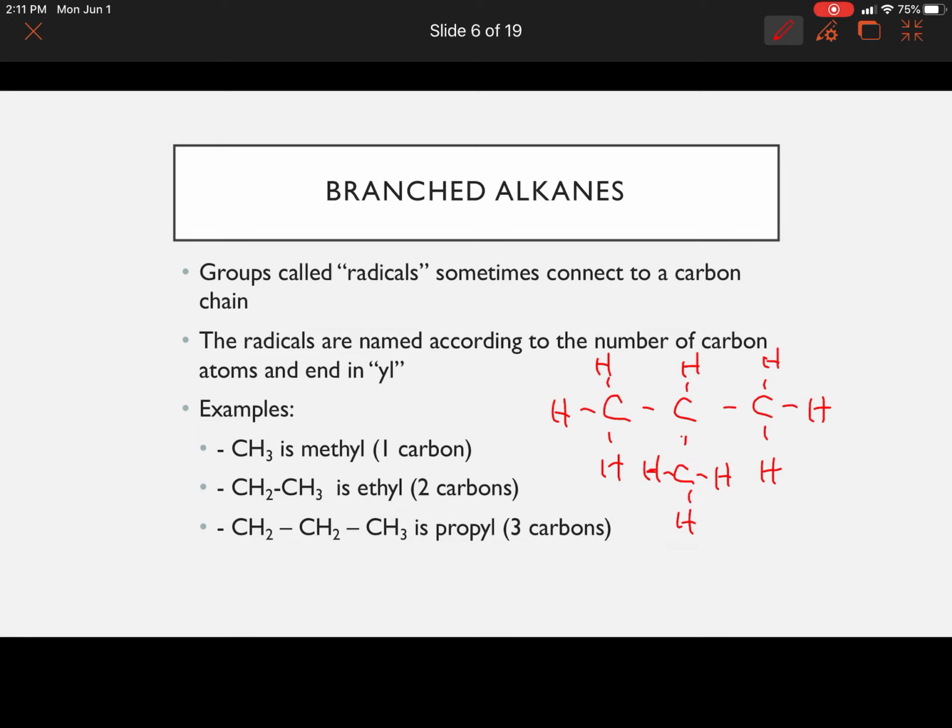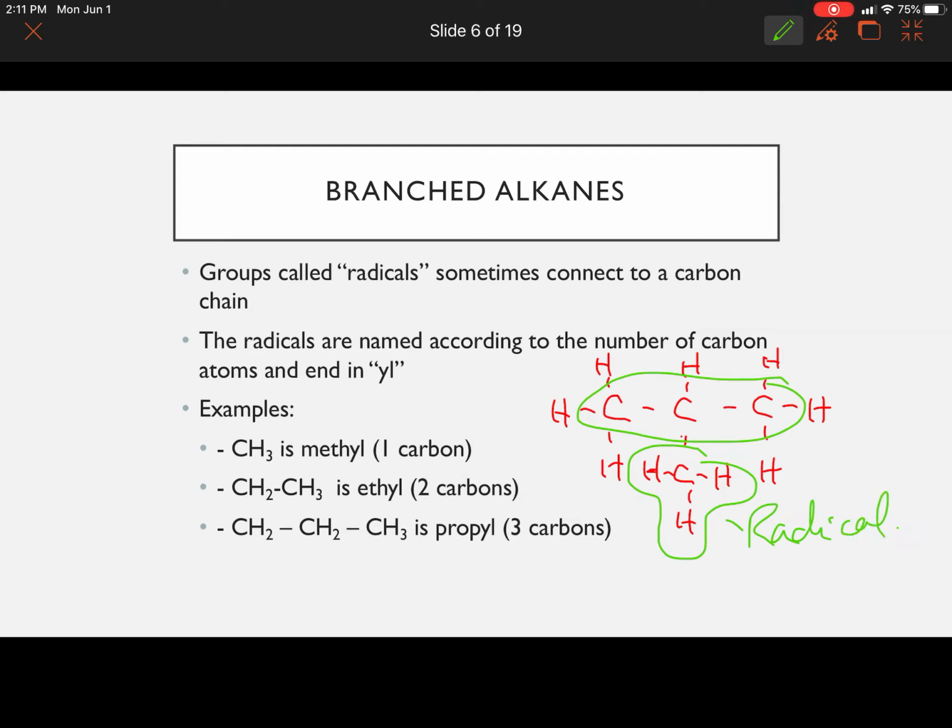And I'm going to put 3 hydrogens around it, okay? So now this is what's known as a branched alkane. So we still have our parent chain here, but now we've got this thing coming off of it, and this is what's known as a radical, okay?